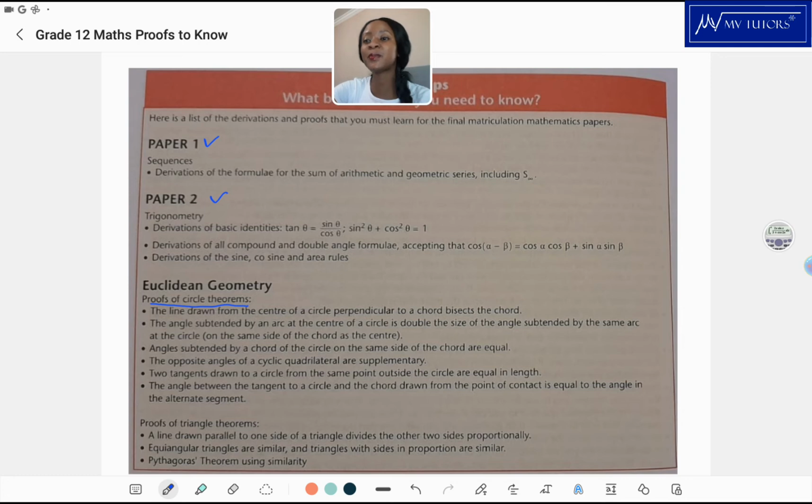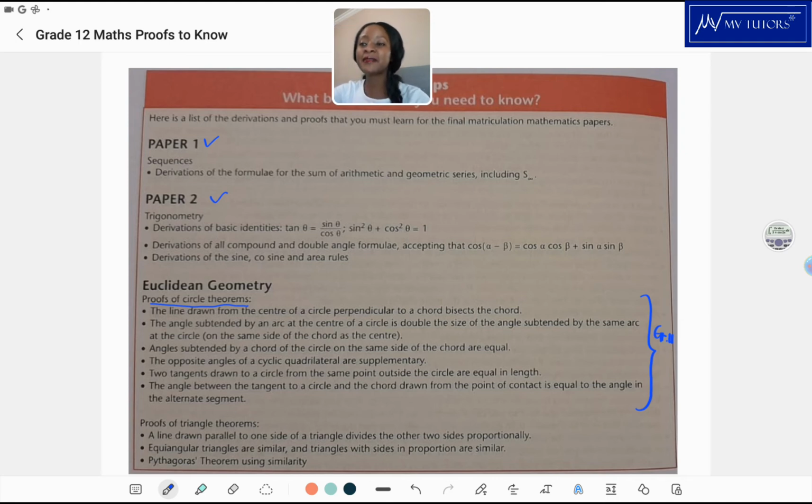Okay, so these proofs, actually you did them in grade 11. If you want to go back, you can. I just got overwhelmed reading all of them and I'm like, oh my goodness, I'm gonna have to do like 6 proofs?